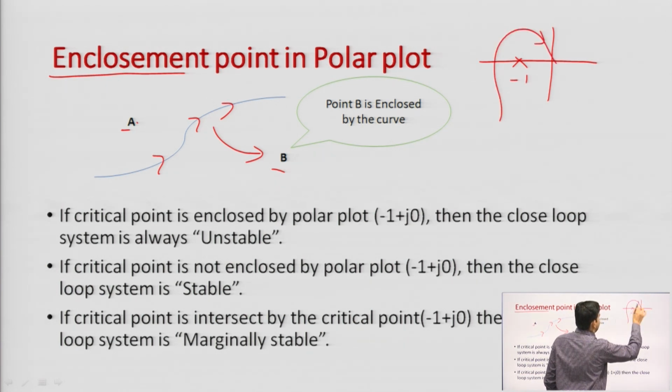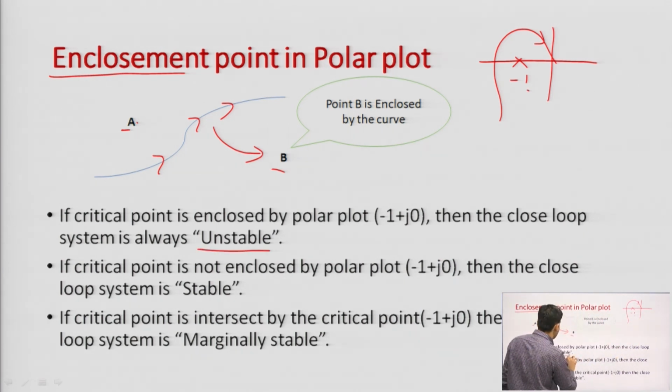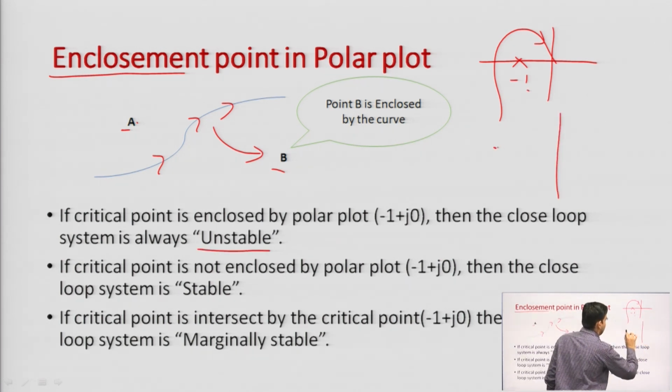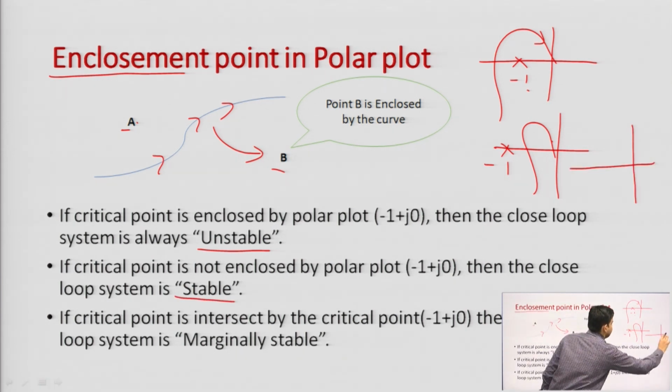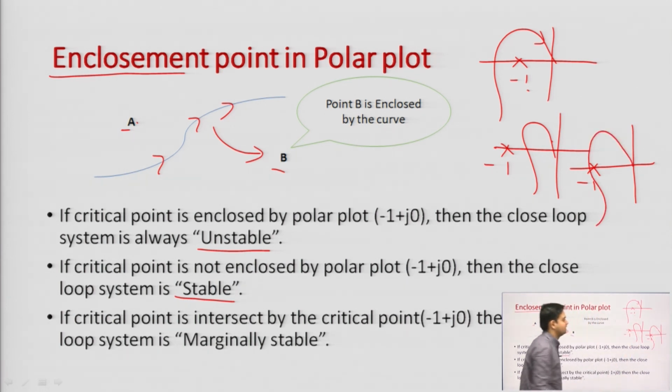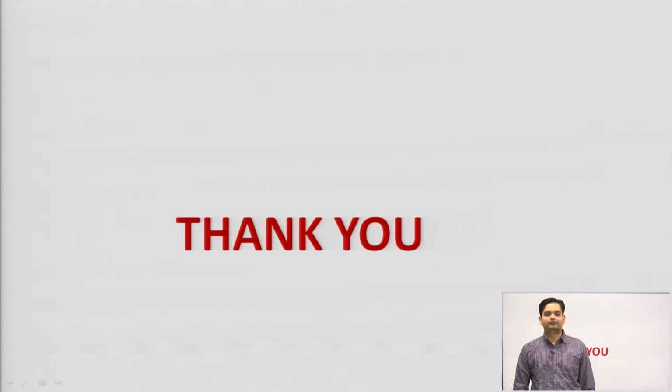This polar plot encloses -1, which means my system is unstable. Whenever my polar plot is not enclosing -1, my system is stable. Whenever my polar plot intersects this critical point, my system is marginally stable. This is the principle of enclosement that we can learn from this concept. Thank you for today.